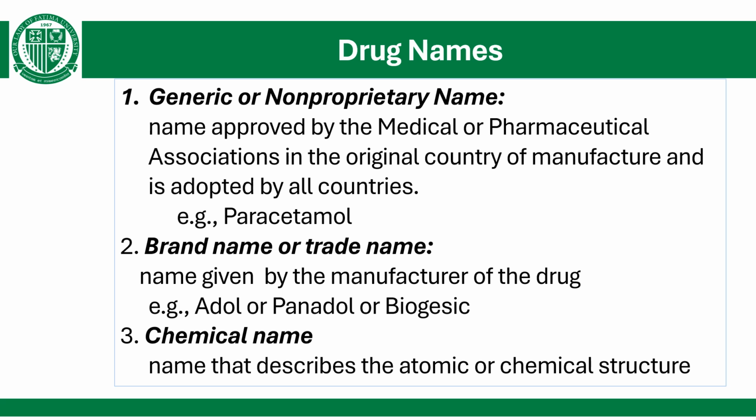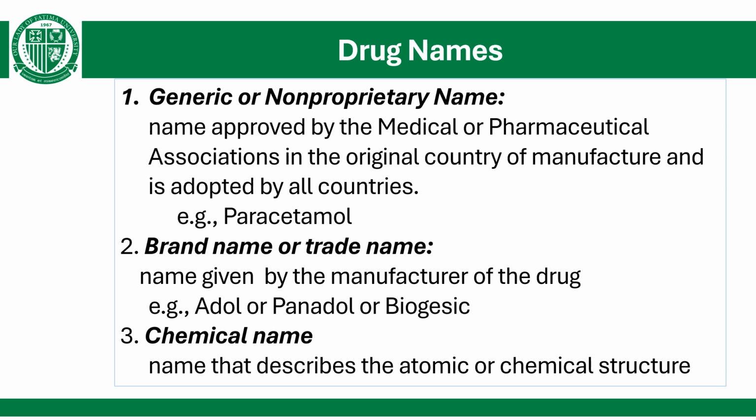Next, for the drugs that we just discussed, we have the term drug names. Of course, medications should be identified according to their names. So we have the term generic or non-proprietary name.